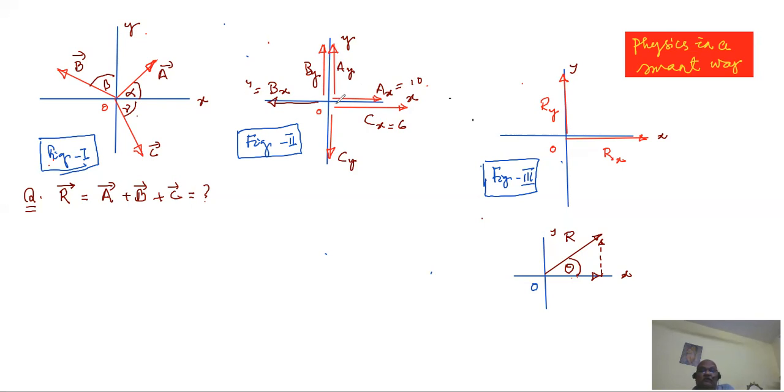You have to be careful about the directions. When you combine all the x components, we write that as sigma x. Sigma x means the sum of the x components of all the vectors, so sigma x is AX plus BX plus CX.